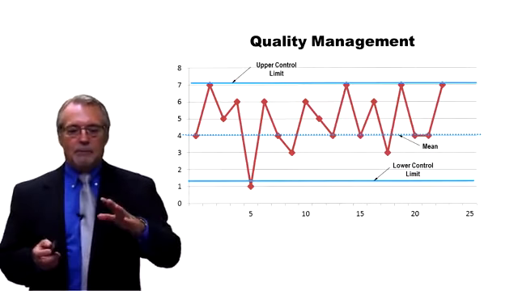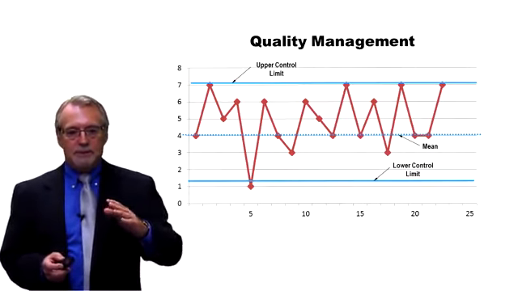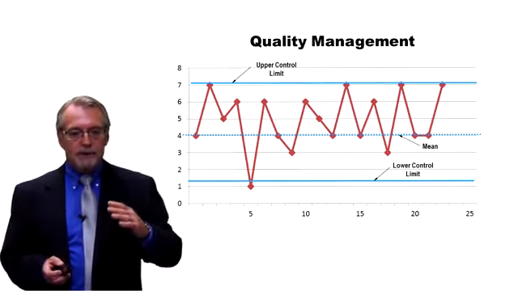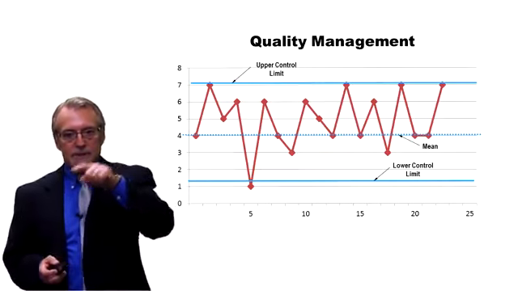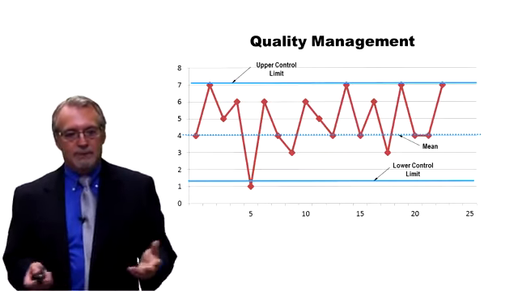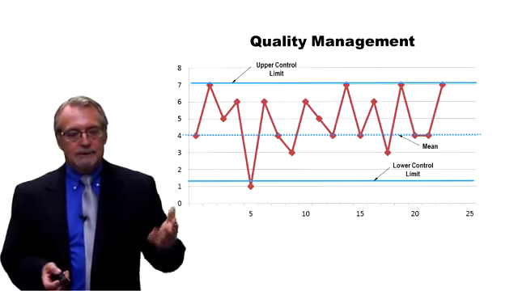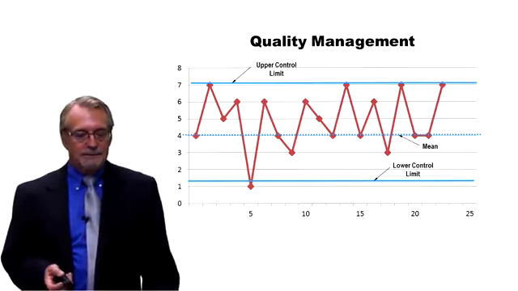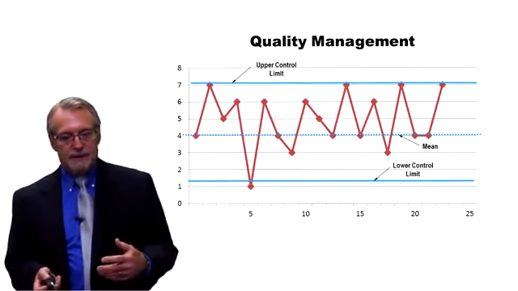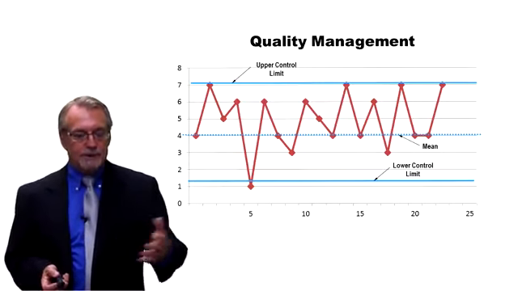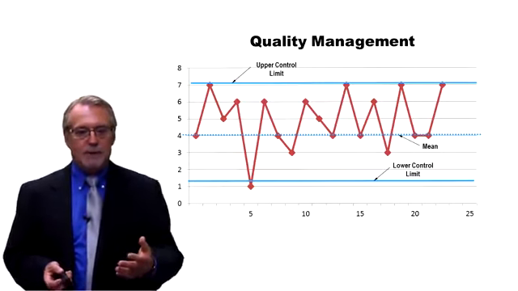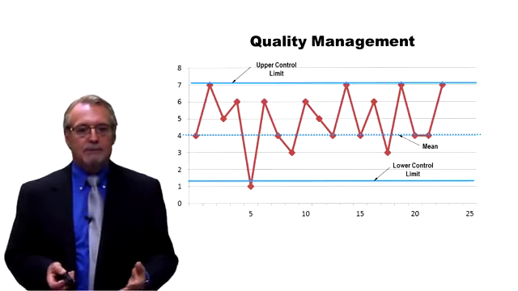So when a process is moving along, something we're doing out there in the world is moving along just fine, there's just going to be some little variation like that. Pretty much anything we do. You're going to go for a walk. Part of the time you walk a little slower, a little faster. It's okay. You have about an average pace that you walk, like our running example we looked at before.